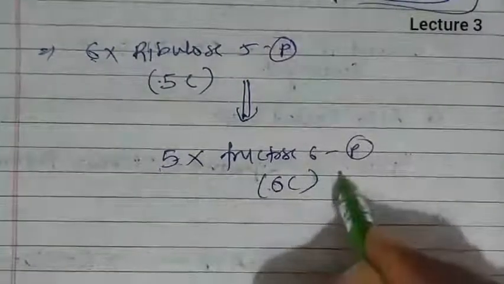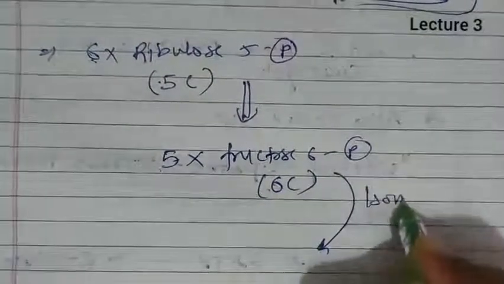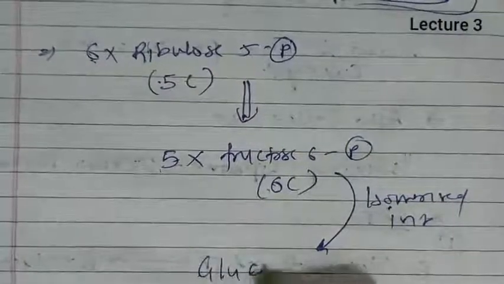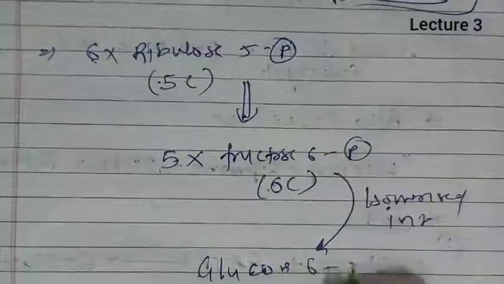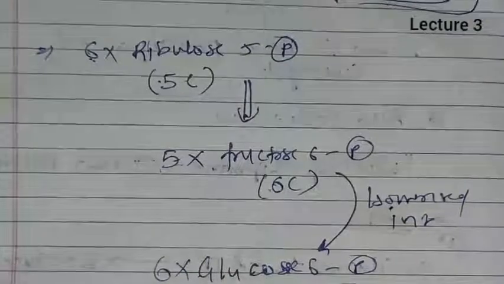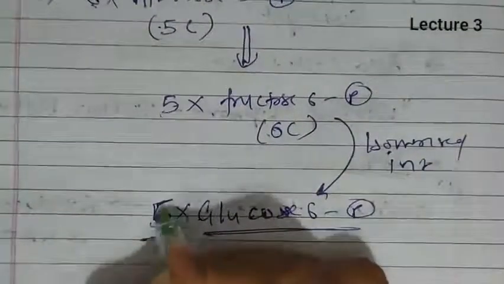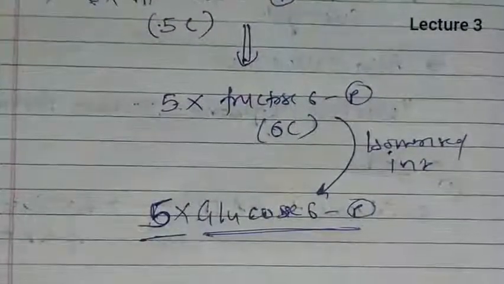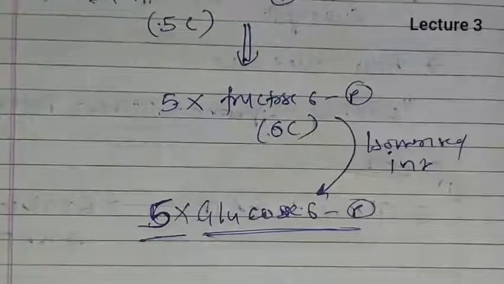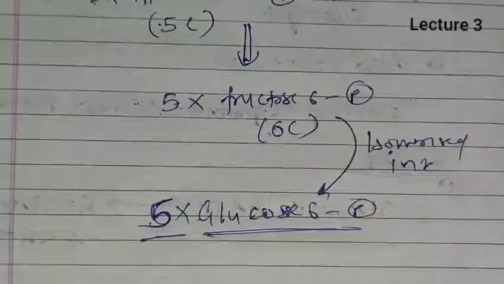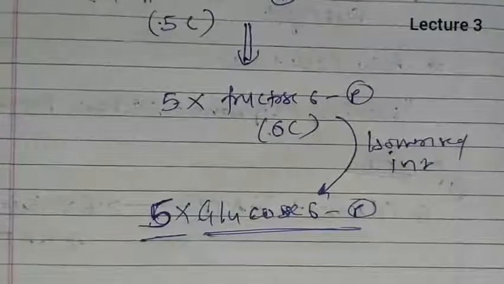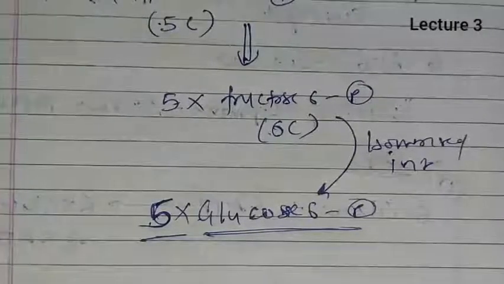Now this fructose 6-phosphate gets isomerized into glucose 6-phosphate, and initially we used 6 glucose 6-phosphate, that gets regenerated, 5 glucose 6-phosphate get regenerated. So 1 from the new glucose and 5 regenerated will be used, and total 6 glucose 6-phosphate enter this pathway, and this pathway is continued by all the steps which we have discussed.